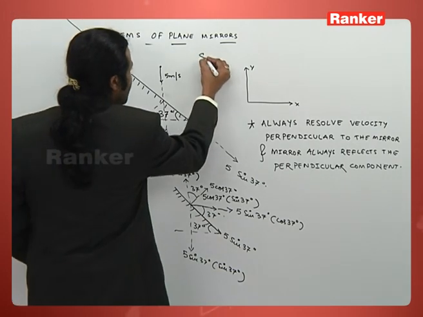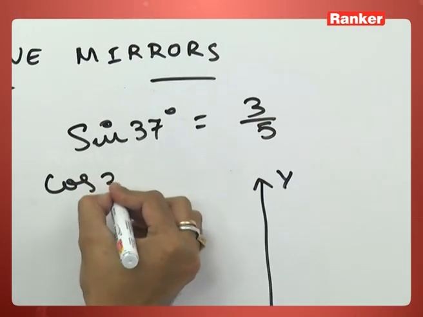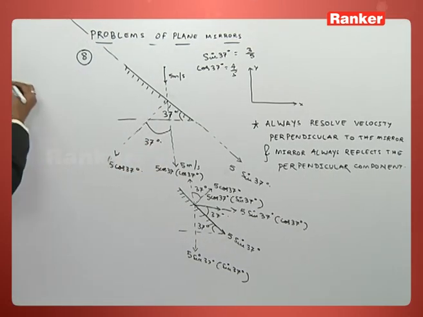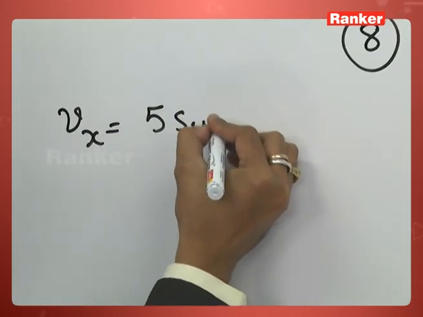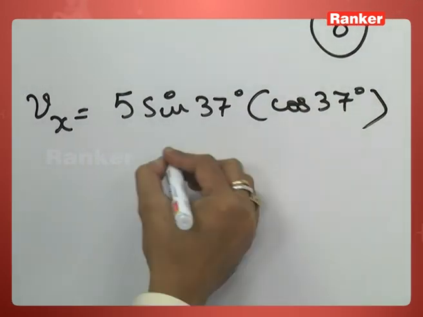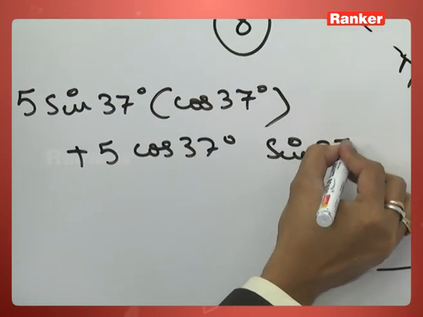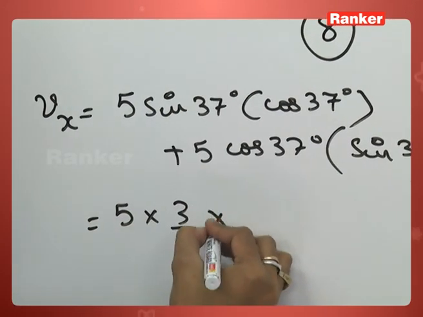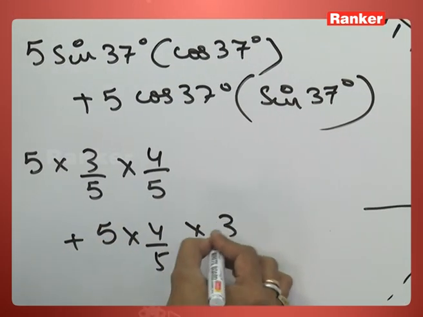We know sin 37 is 3 by 5, cos 37 is 4 by 5. So I write over here Vx, I first calculate that: 5 sin 37 cos 37 plus 5 cos 37 sin 37. So 5 into 3 by 5 into 4 by 5 plus 5 into 4 by 5 into 3 by 5.